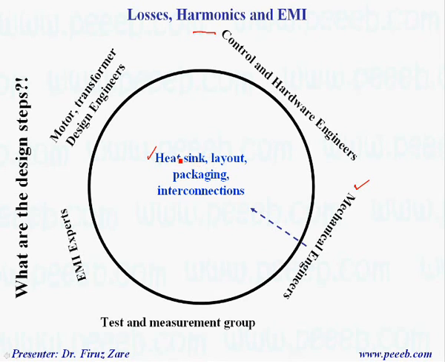Also layout, because of packaging and other issues, we need to consider the layout. And especially when we design a heatsink, we also need to look at the EMI, because there may be some capacitive coupling in the system which may affect the system's performance. So we may communicate with other engineers and see how we can improve the system.